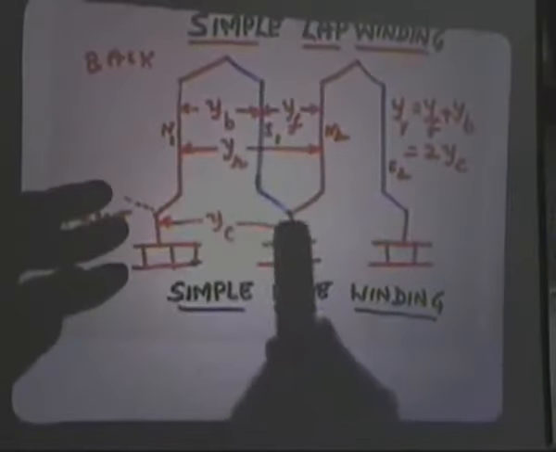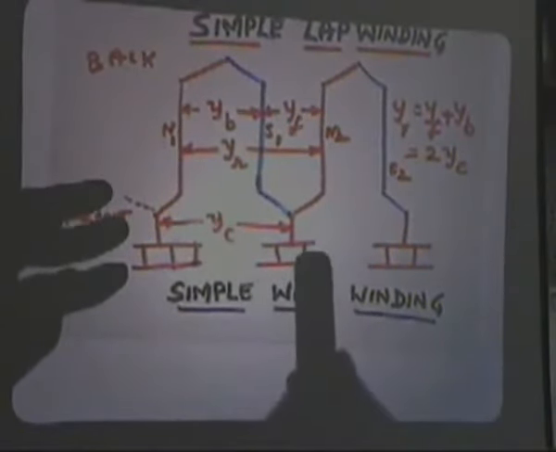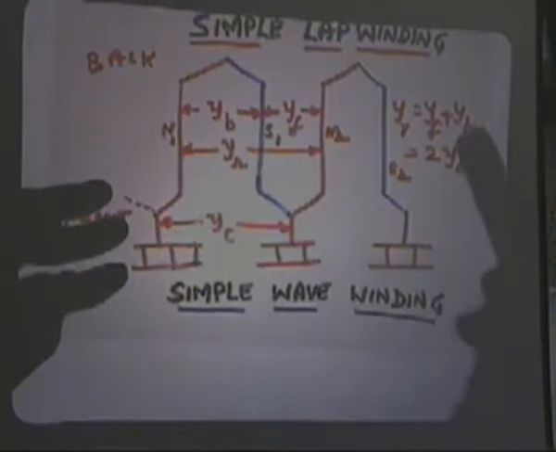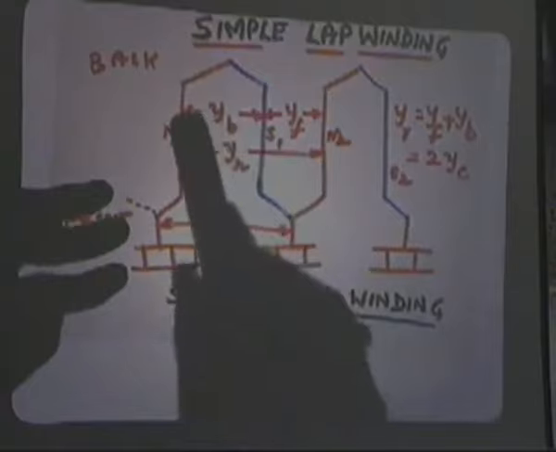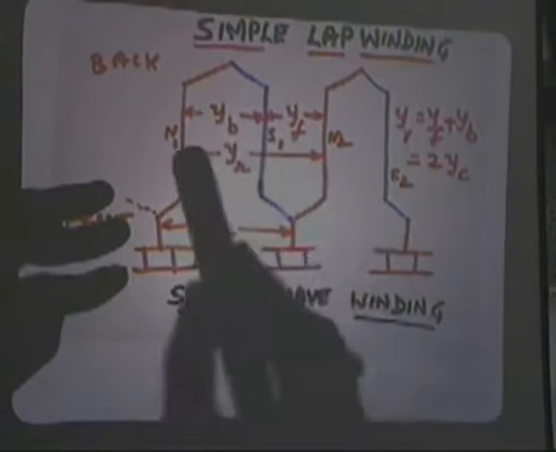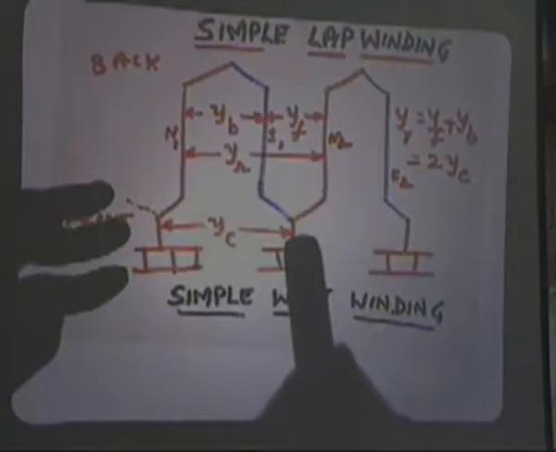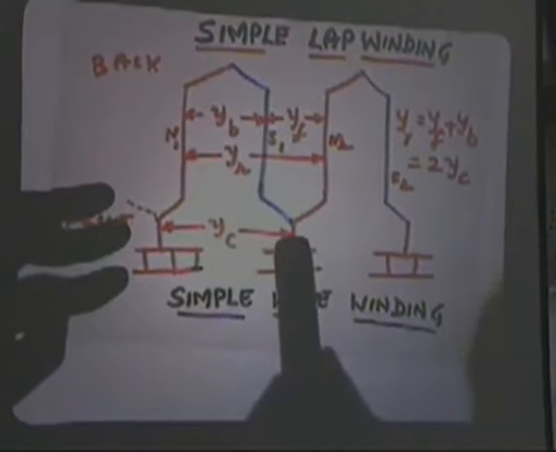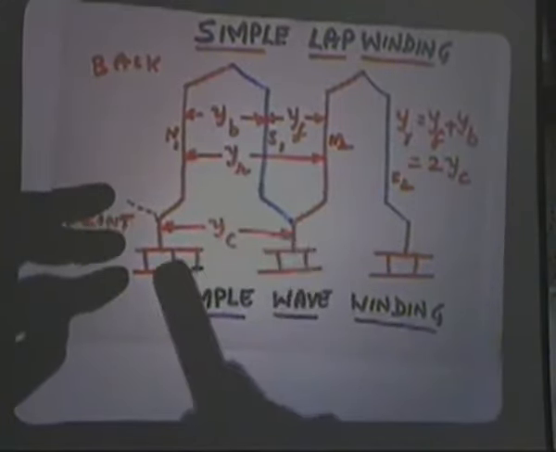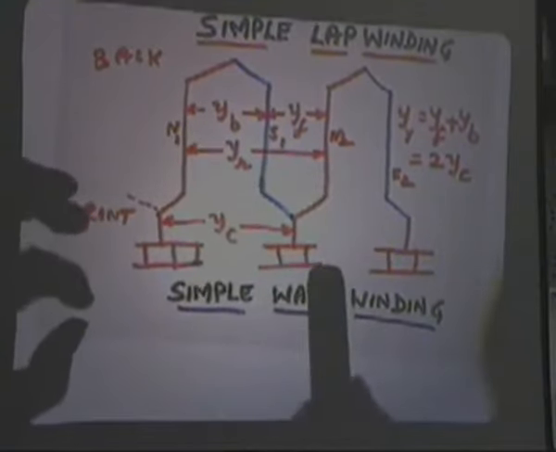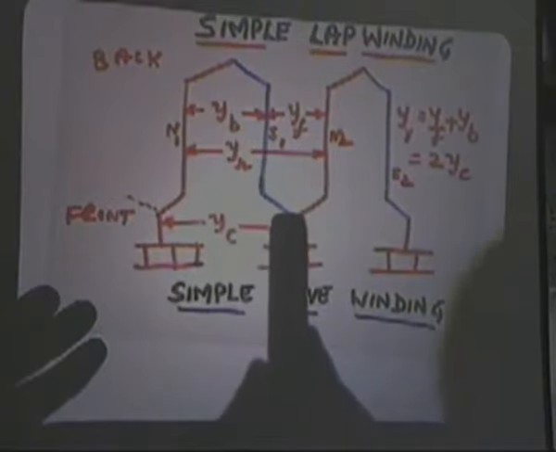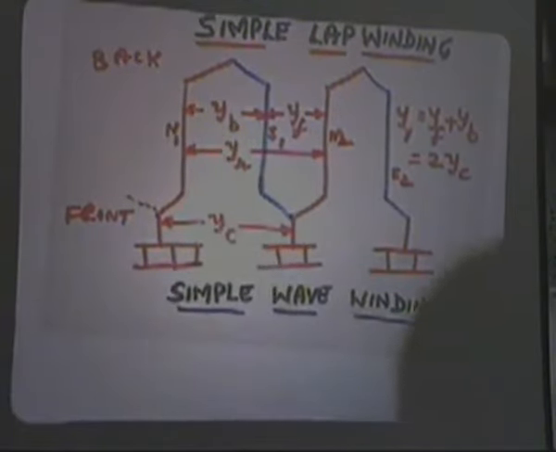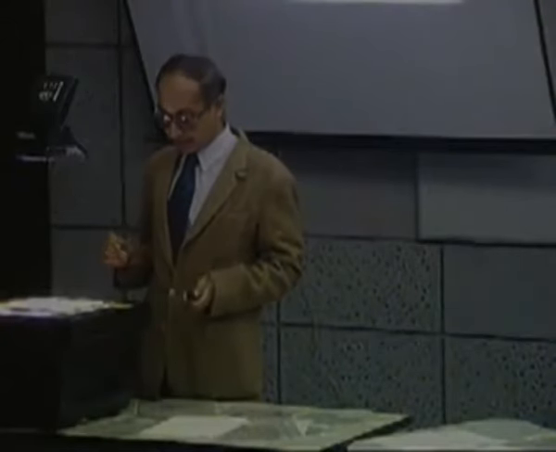Here the subsequent junctions are connected to several commutator segments, and this will basically be YR plus YB is equal to twice YC average. So YR will be equal to twice YC. YC is expressed in terms of the number of commutator segments to which the subsequent junctions of subsequent coils are displaced. Okay. So this difference between the lap and wave winding we must understand very clearly.